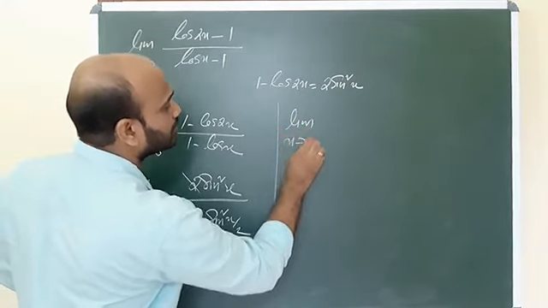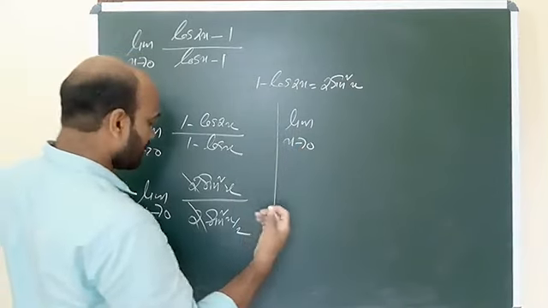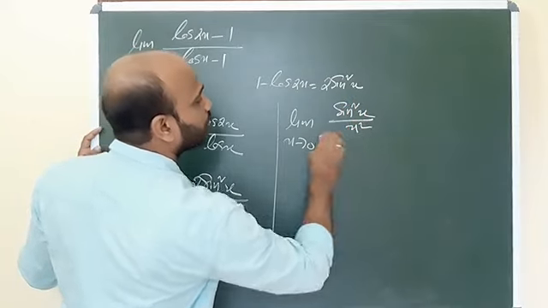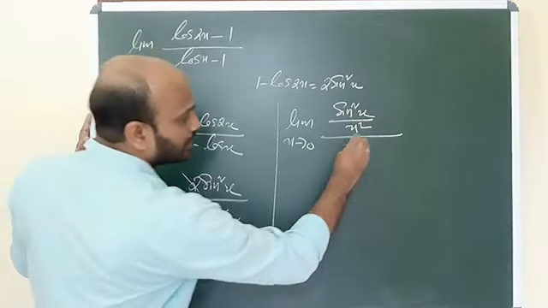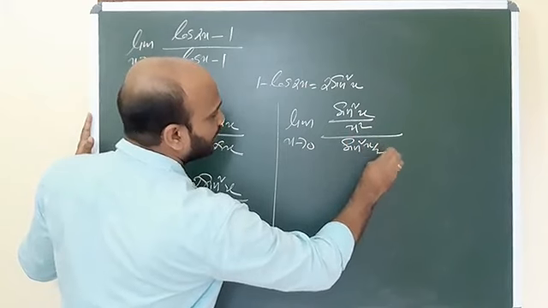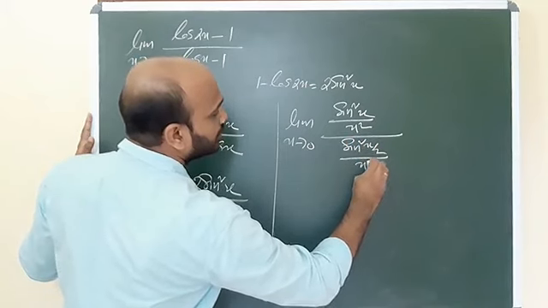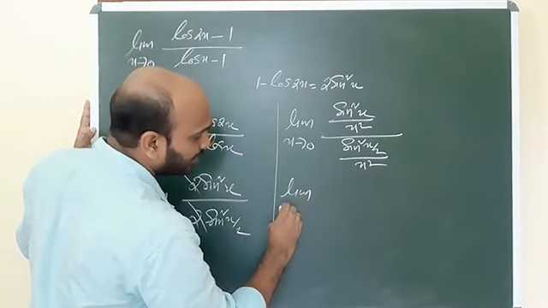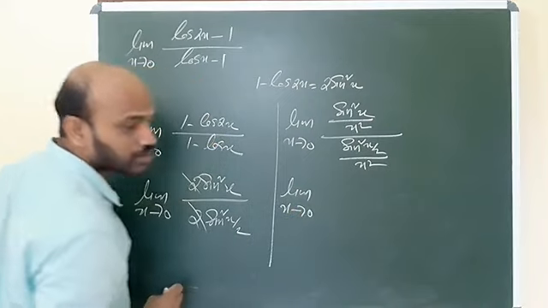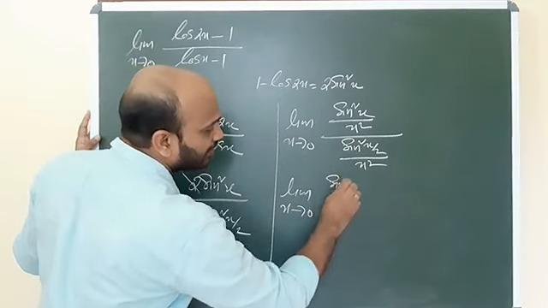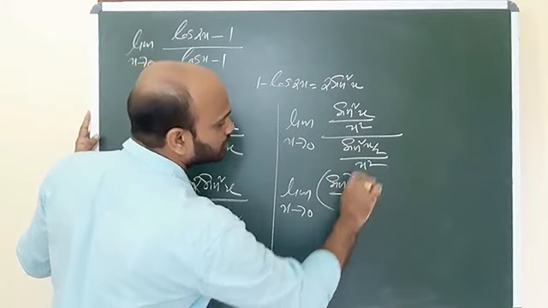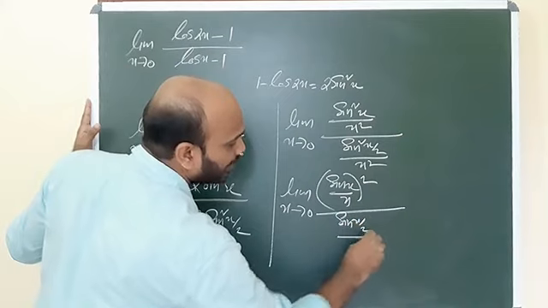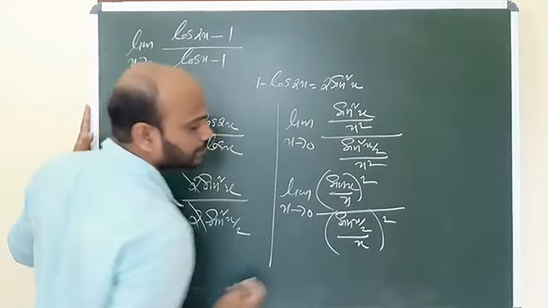So this question changes to limit x tends 0, sin square x by x square whole divided by sin square x by 2 by x square. So numerator will be (sin x by x) whole square, denominator (sin x by 2 by x) whole square.